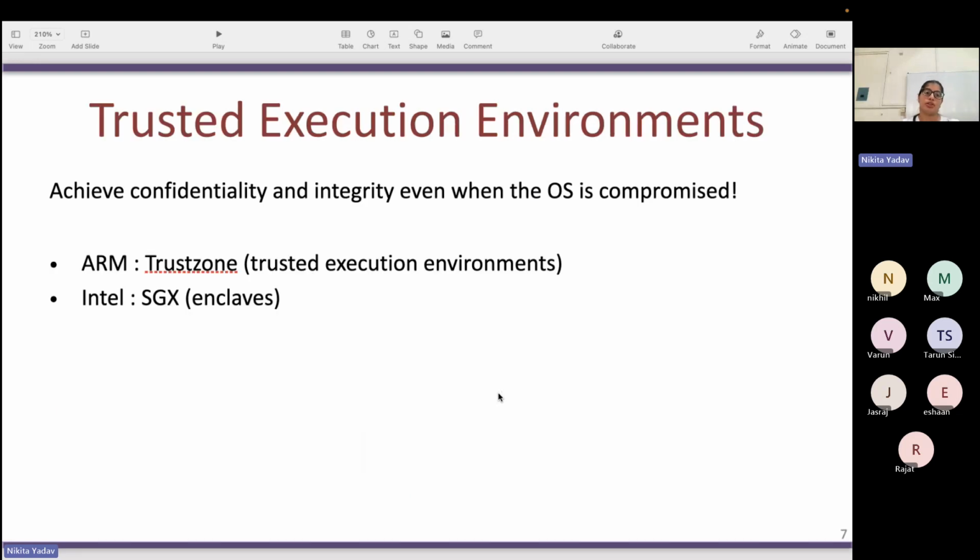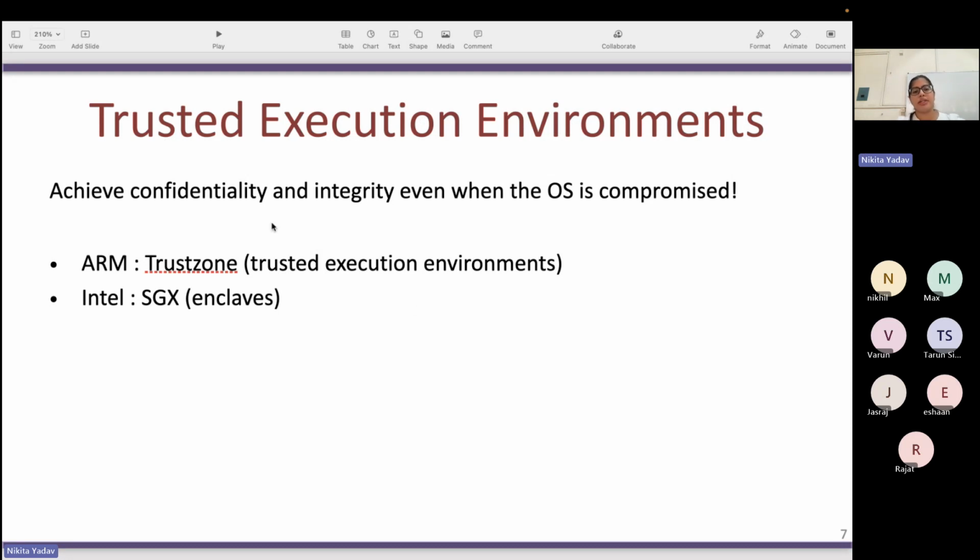So this is the motivation for using a trusted execution environment. A trusted execution environment will guarantee you confidentiality and integrity even when the OS is compromised. It's usually enabled by trusted hardware such as SGX or the ARM Trustzone, which provides these tamper-proof guarantees.